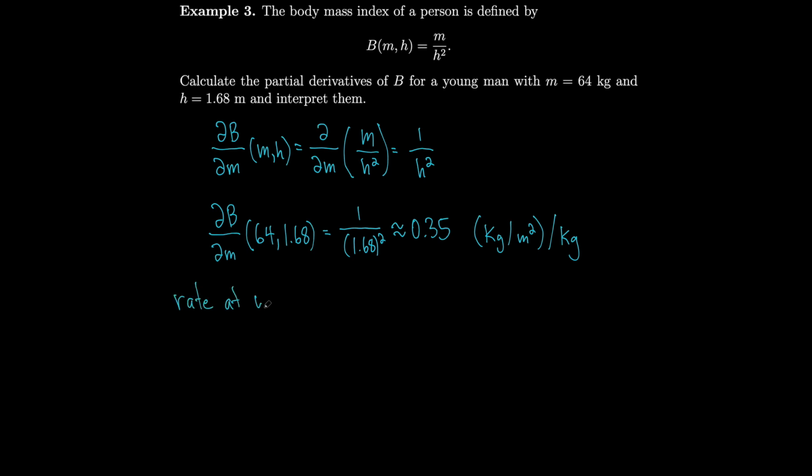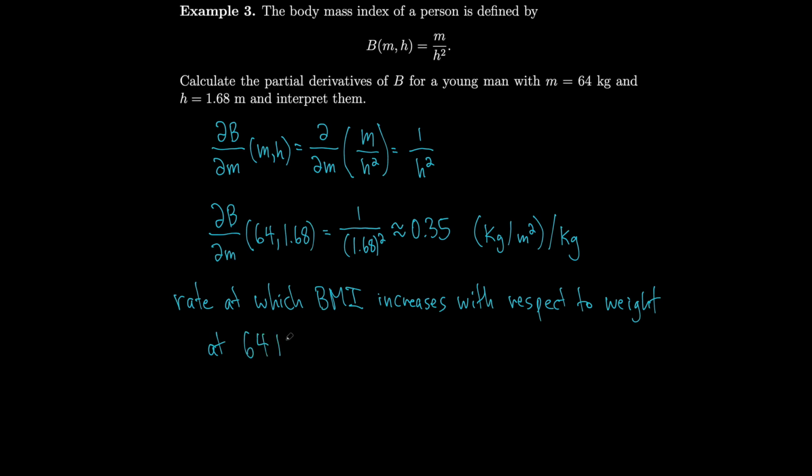So we could write that: the rate at which the BMI increases with respect to weight, and it's at (64, 1.68), so that's when this person weighs 64 kilograms and is 1.68 meters tall.